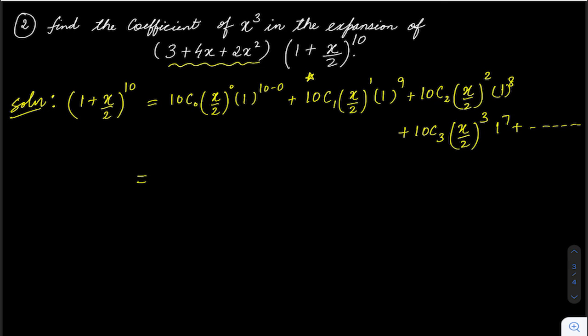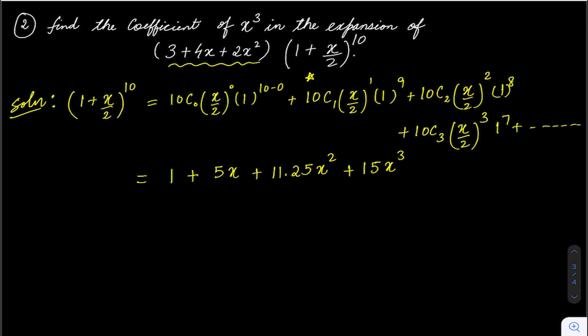So the first term will be 1 into 1 into 1, that is 1, plus second term 10c1 is 10, x by 2 is x by 2, so that is nothing but 5x, plus 10c2 is 10 into 9 by 2, 45, by 4, that is 11.25 x square. Next term, 10c3 is 10 into 9 into 8 over 6, that is 120, so this term is 15x cube divided by 4 also.